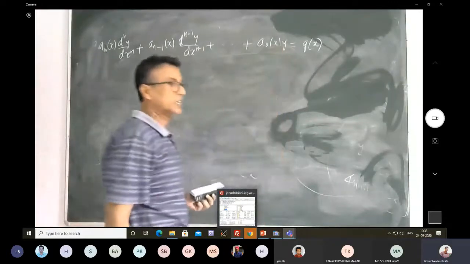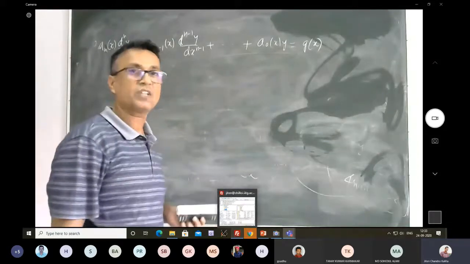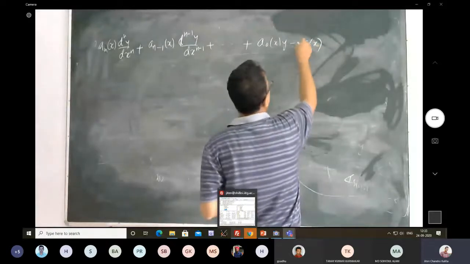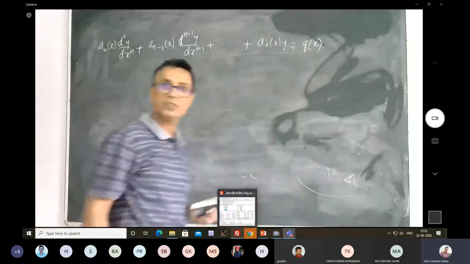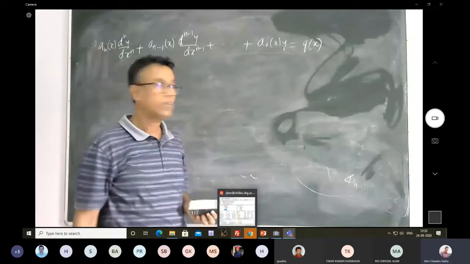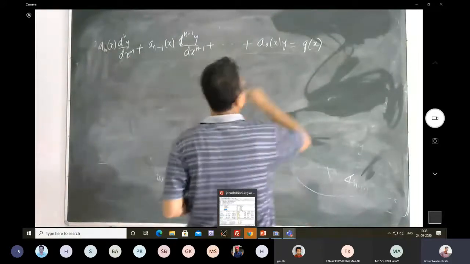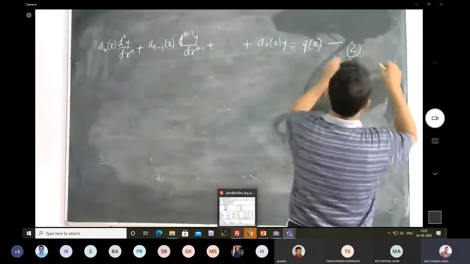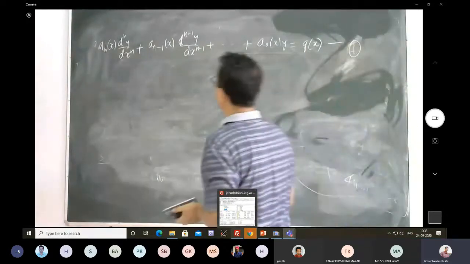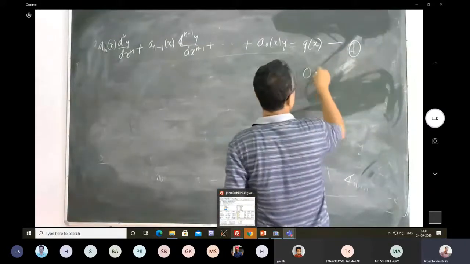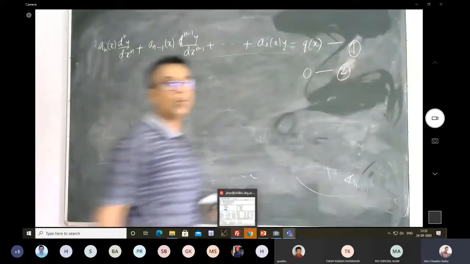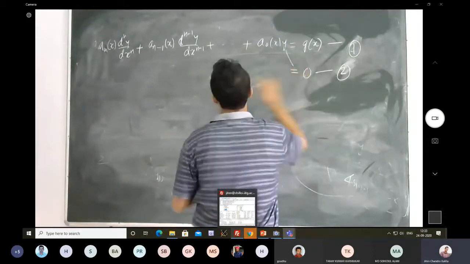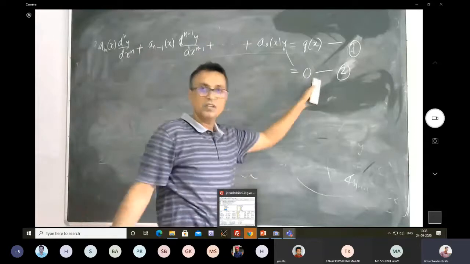I can consider its homogeneous counterpart by simply plugging in 0 on the right hand side, right? 0 on the right hand side. Suppose let me call it equation 1, and let the homogeneous counterpart of this be called equation 2. Although I haven't written it, equation 2 is simply when this is equal to 0. Is it okay? Fine.